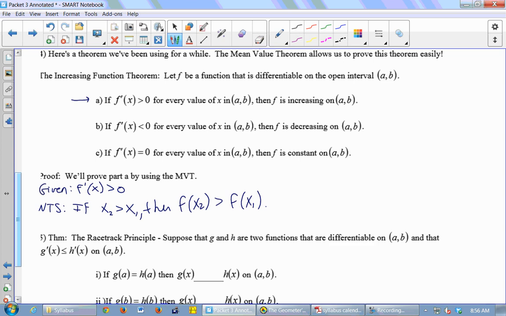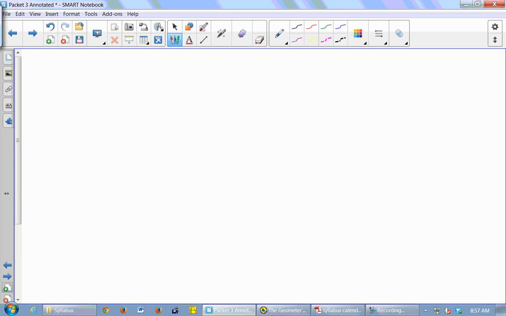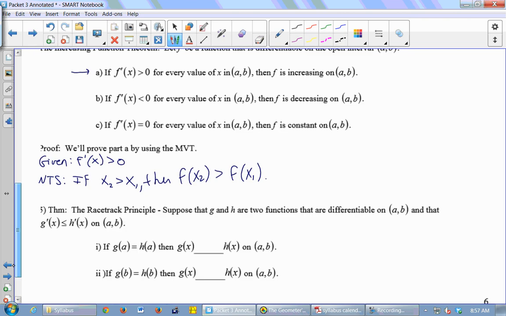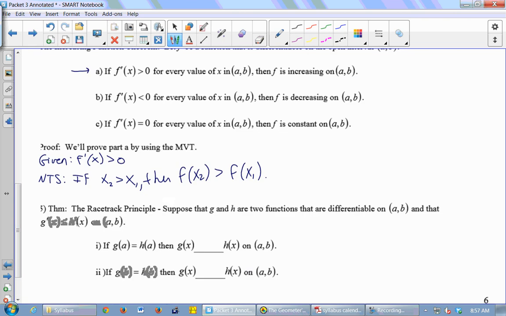All right, I need a new page here. So here's my interval a to b that they gave me. And x2 and x1 are completely random. If I can show that it's true for a random two points, then I can say it's true for every set of two points.